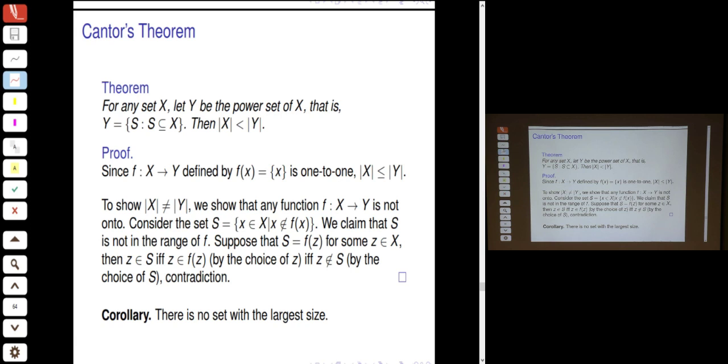For any set X, you give me a very abstract set X. Let's consider its power set.